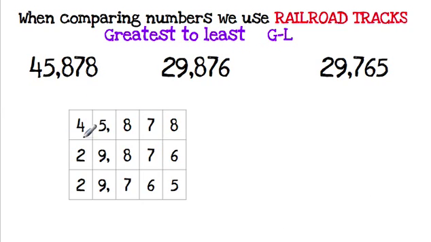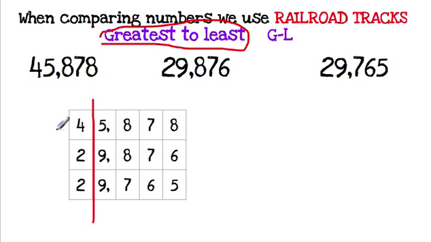Again, I've taken these numbers and I write them vertically. One number in each place value. They are nice and neat so I can compare. Draw my railroad tracks and I'm looking from greatest to least, G to the L. So which one's bigger, 4 or 2? 4 is bigger, so right away I can write 1 and I'm done with that number.